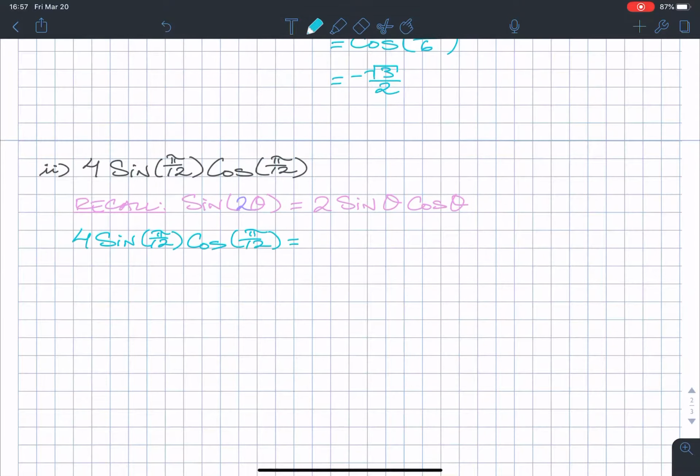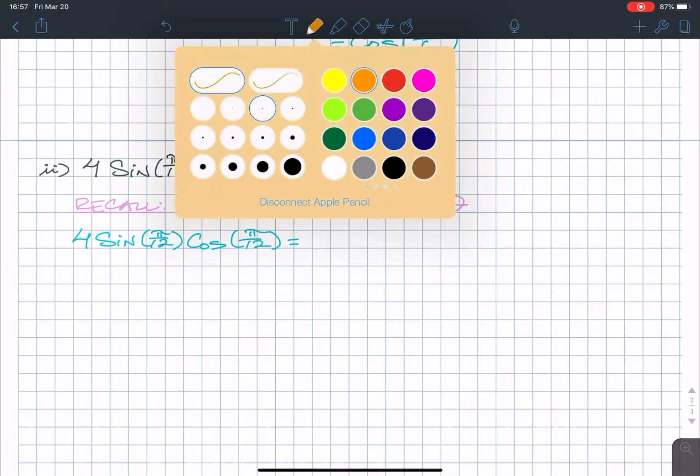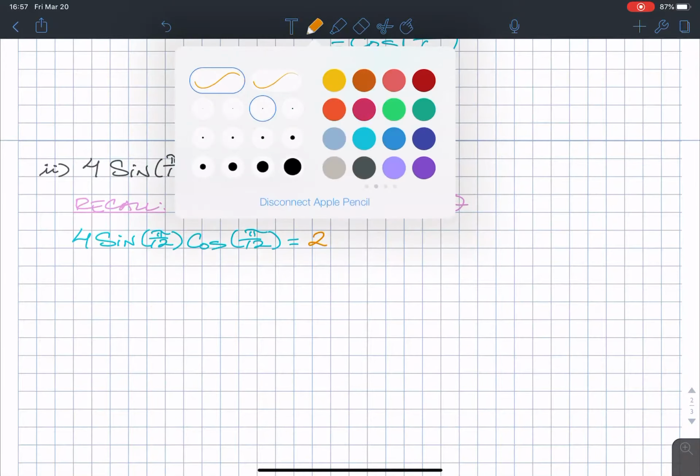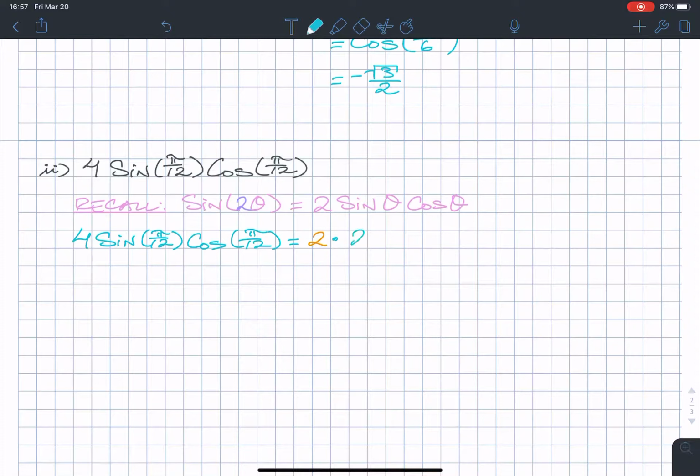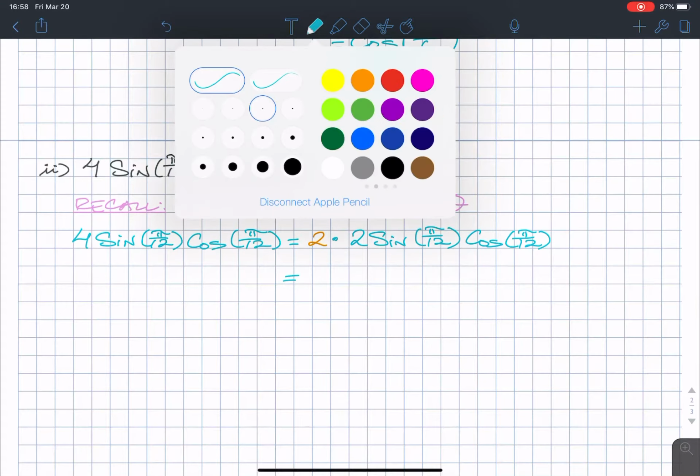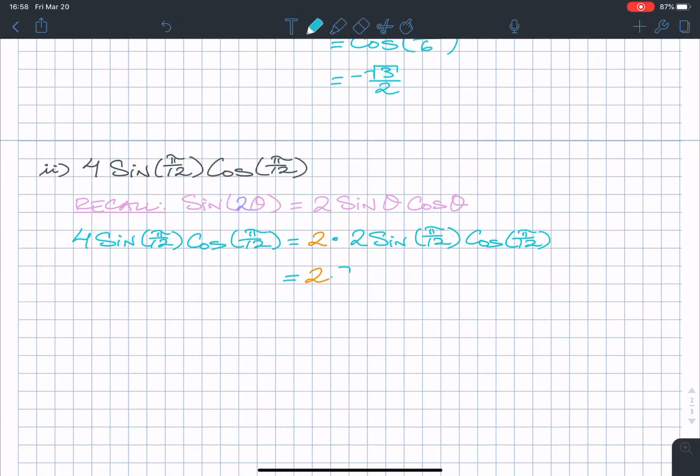Well, I claim that that's going to be 2 times a quantity, 2 sine of pi over 12 cosine of pi over 12. So what that will give us is twice sine of twice the angle, namely twice pi over 12.